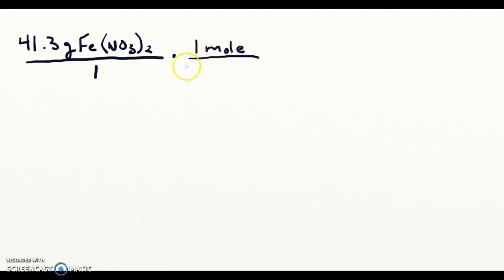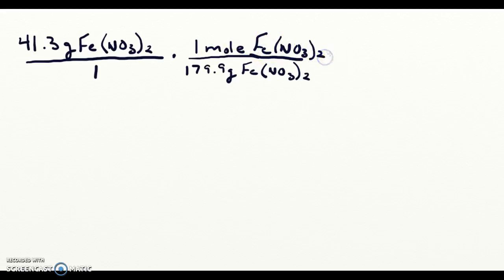And then my grams down here, 179.9 grams of iron nitrate, and it would also be moles of iron nitrate. Don't forget your units. Don't be a unit hater. Okay, so now this is all written out. Now all I have to do is the math.